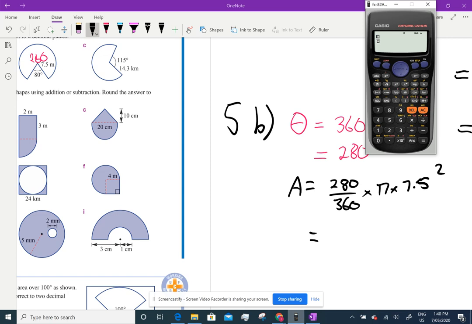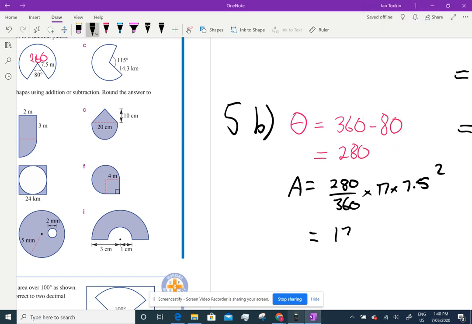So 280 on 360 times pi times 7.5 squared. And that's 137.444 dot dot dot.